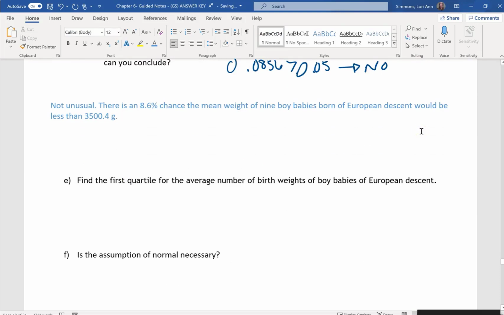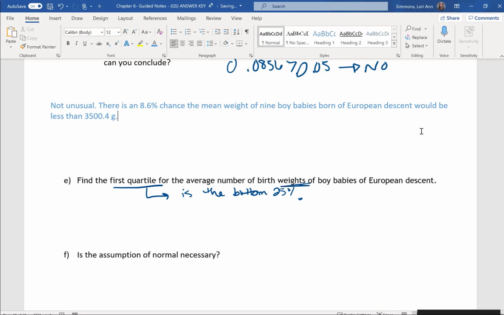Okay. The next question, find the first quartile for the average birth weights of boy babies of European descent. Okay, first quartile. Remember, first quartile is the bottom 25%. We are looking for the average weight.